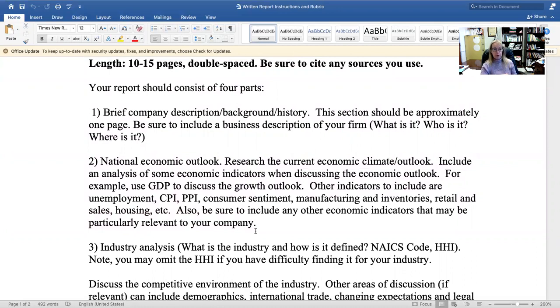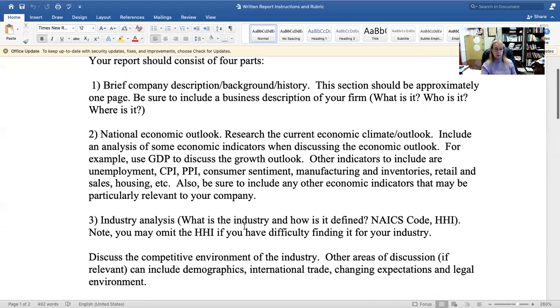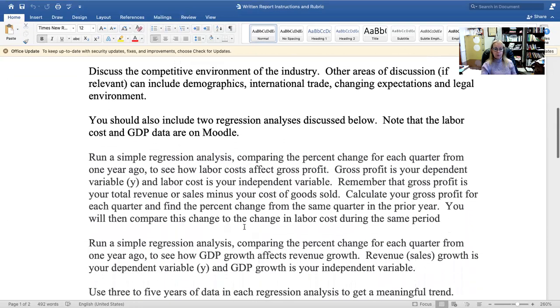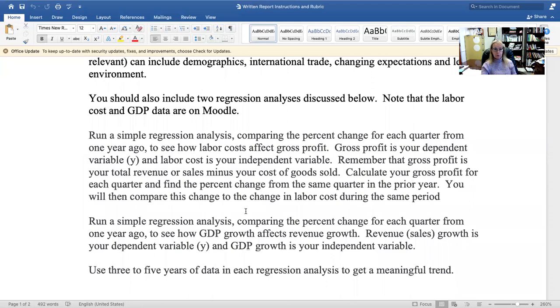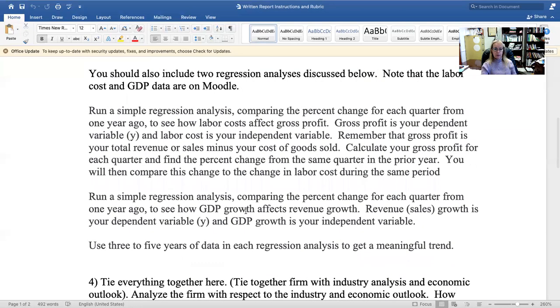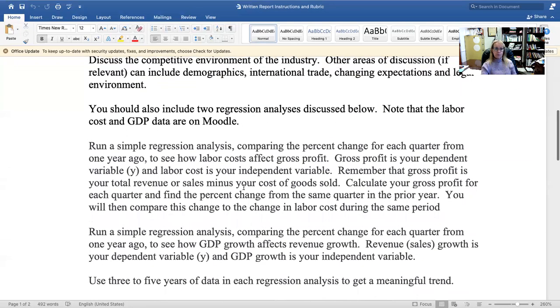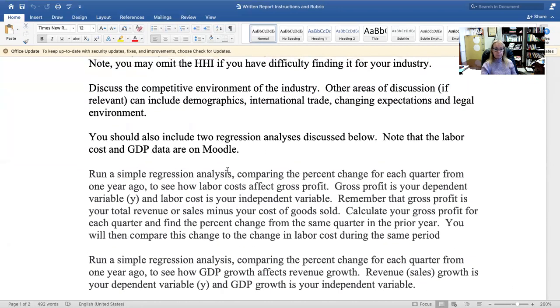Or at least start doing the research by next week for these first 2 parts. For the regression analysis, I'm going to spend more time going over that in detail in class. But let me just talk real briefly here.